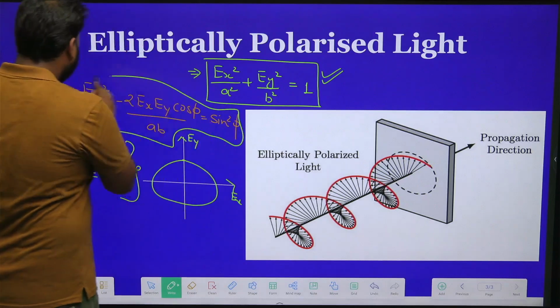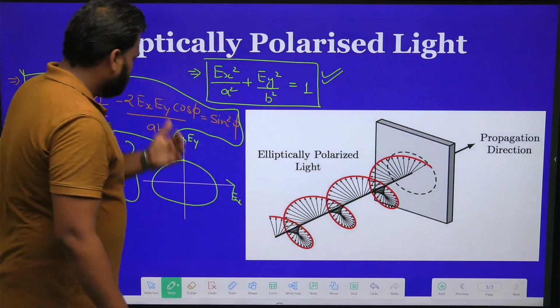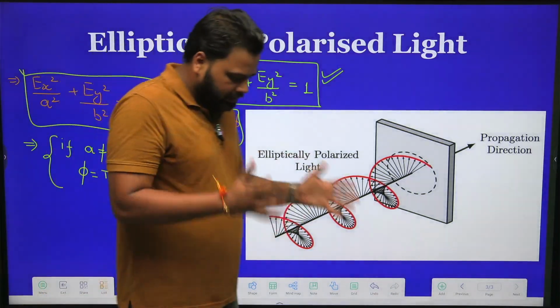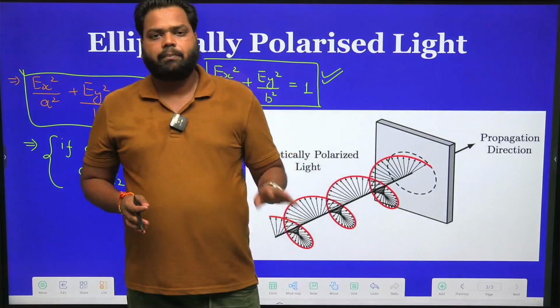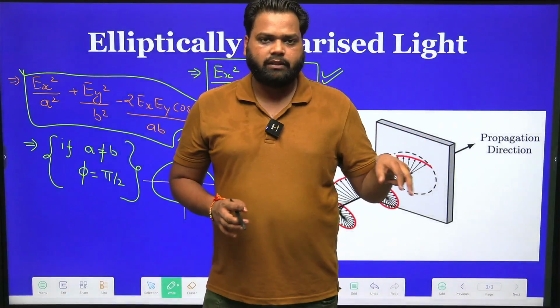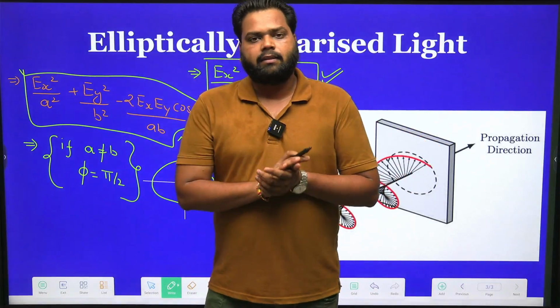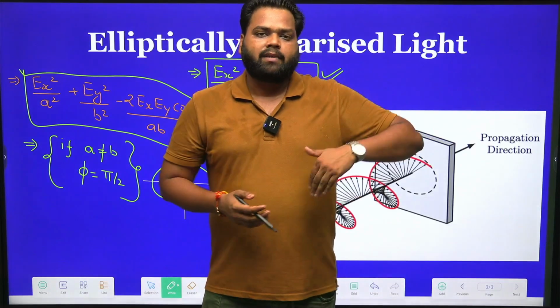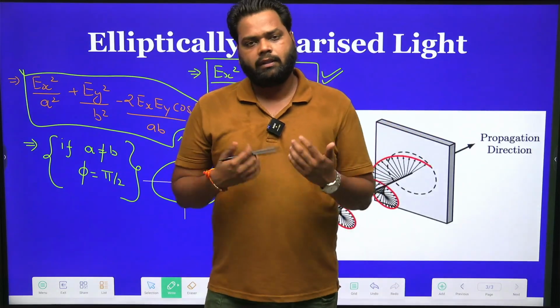Guys, if you know this equation, then by putting in the value of phi and changing the amplitude, by just analyzing the trajectory equation of the particle, you can say this is the trajectory of this light ray, and hence the resultant light ray will be plane polarized, circular or elliptically polarized light.